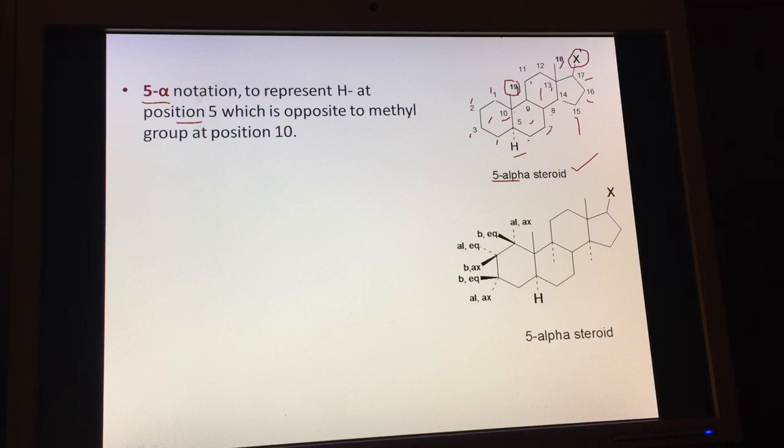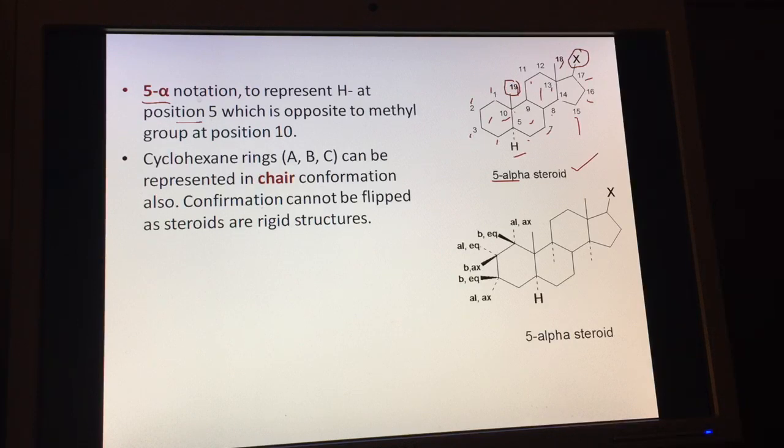But because these rings are fused to each other via the trans configuration, this ring system in the steroid is a rigid system and not a flexible system. So the geometry is defined. So this is the second point, that cyclohexane rings A, B and C can be represented in the chair conformation, however the conformation cannot be flipped as steroids are rigid structures.